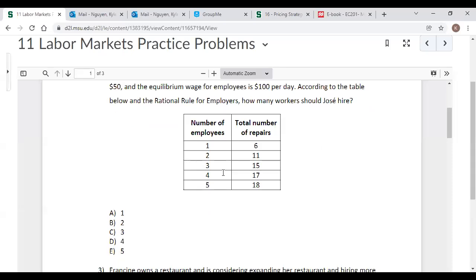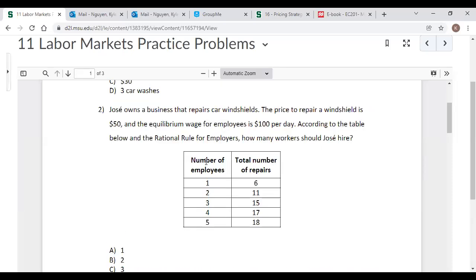So imagine we go from 0 employees to 1 employee and from 0 repairs to 6 windshields repaired. So if we go from 0 to 6, our marginal product of labor would be 6 because we repaired 6 extra windshields. And our marginal revenue product would be 300.